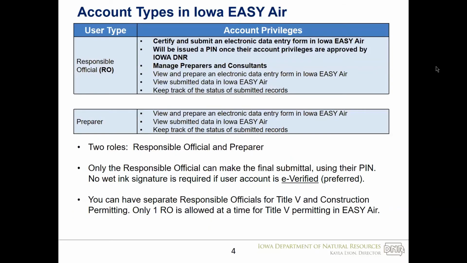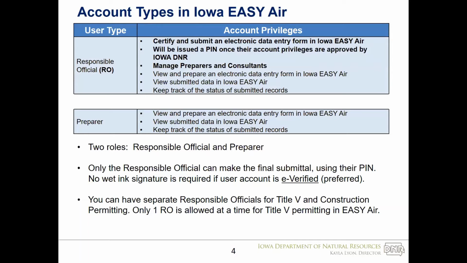Responsible official, preparers. Only the responsible official can make the final submittal using their PIN. There's no wet ink signature required if a user account is e-verified, which is our preferred method.